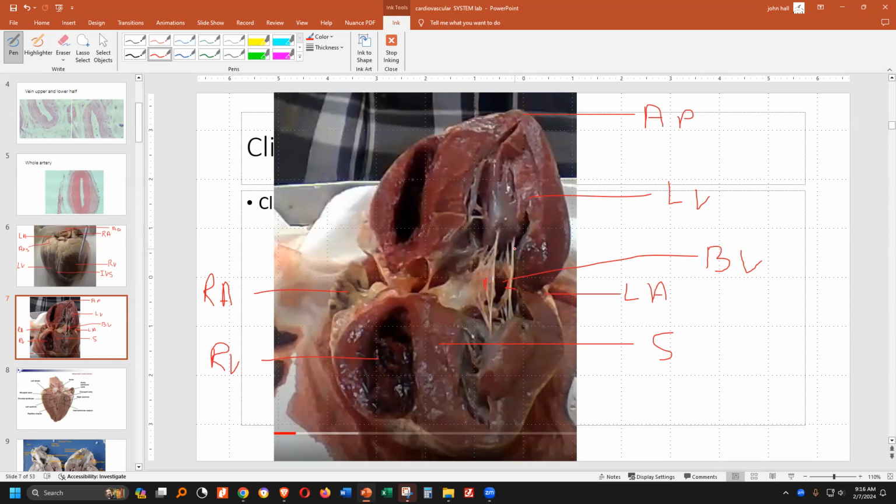Then coming off of the valve, you have the little strings, which are the chordae tendineae, right? And the chordae tendineae are attached to your papillary muscles. So PM. All right.